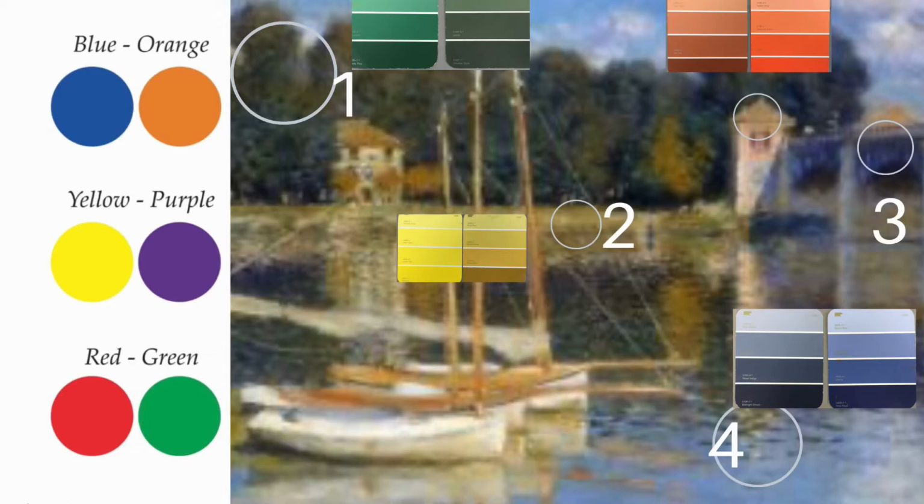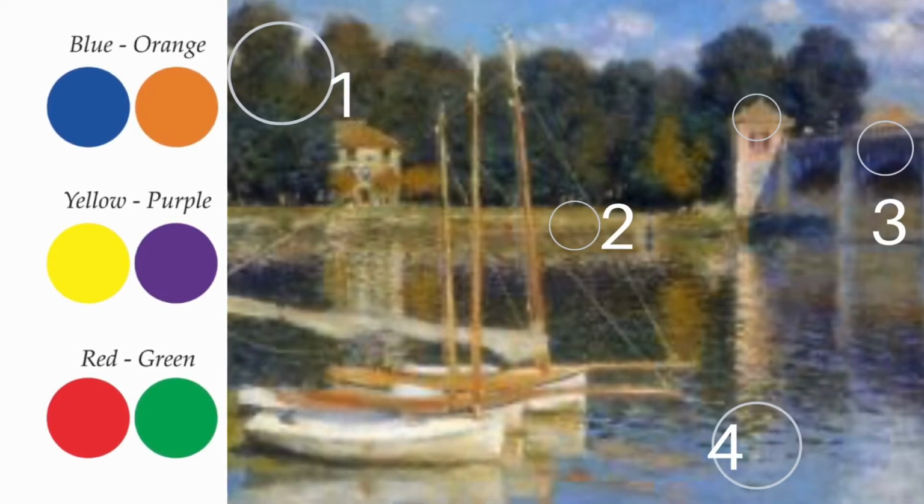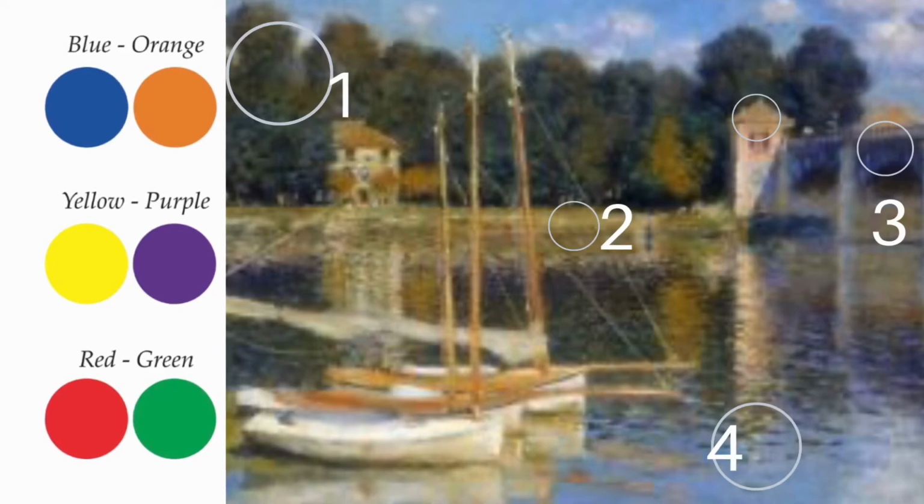So I need to squint in order to discern value, or lightness and darkness. I'll stop putting white in the mixture when the two values merge together when I'm squinting. They will be different colors, but they can have the same value as perceived when I squint.